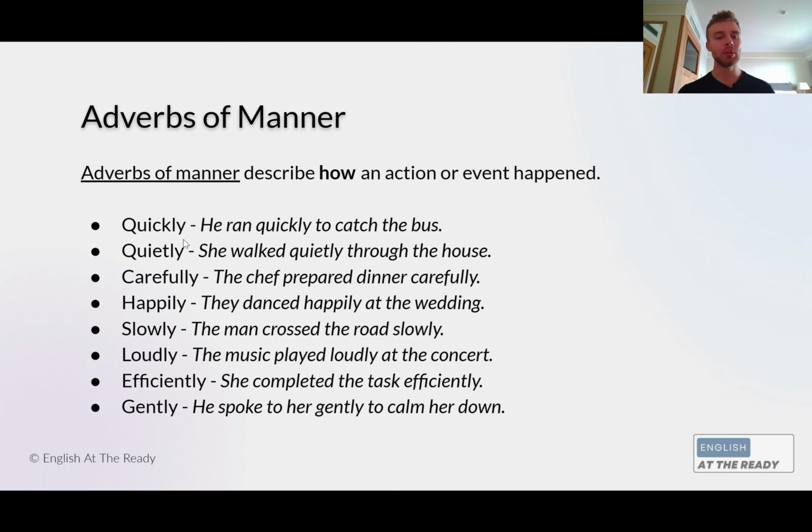There are a couple exceptions, and we're going to look at that later. But for the most part, you can really add ly at the end of any adjective, and you will be able to create an adverb. So that was the first type, an adverb of manner.